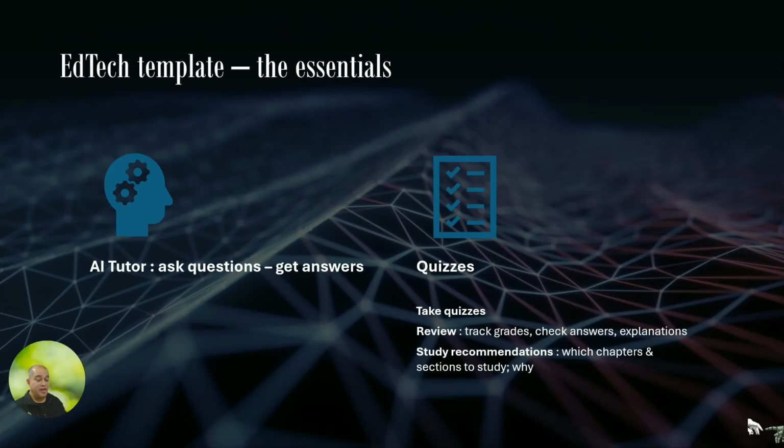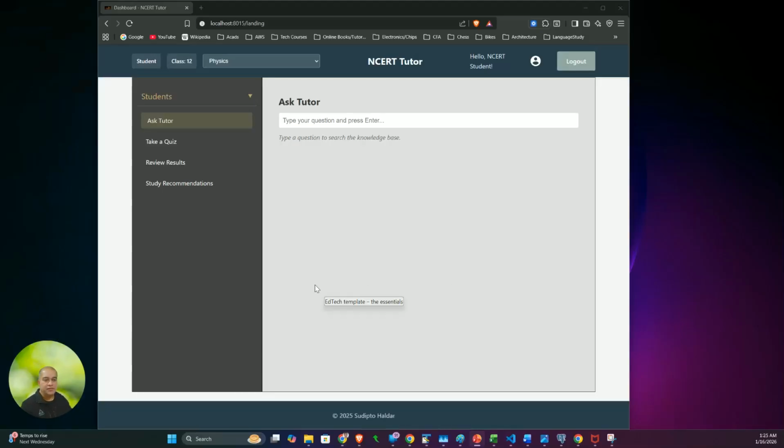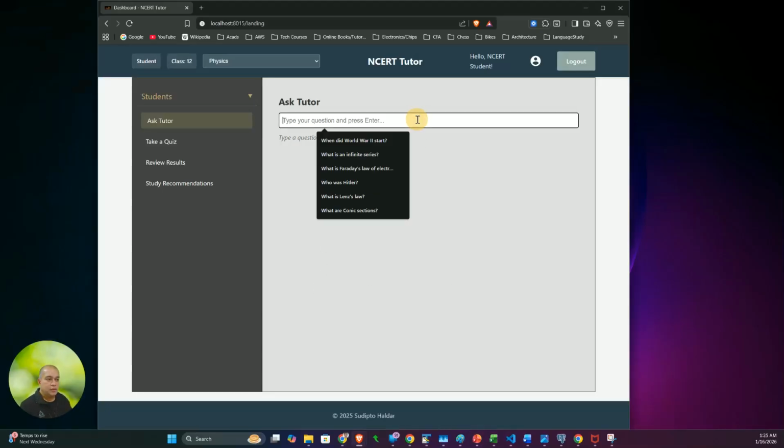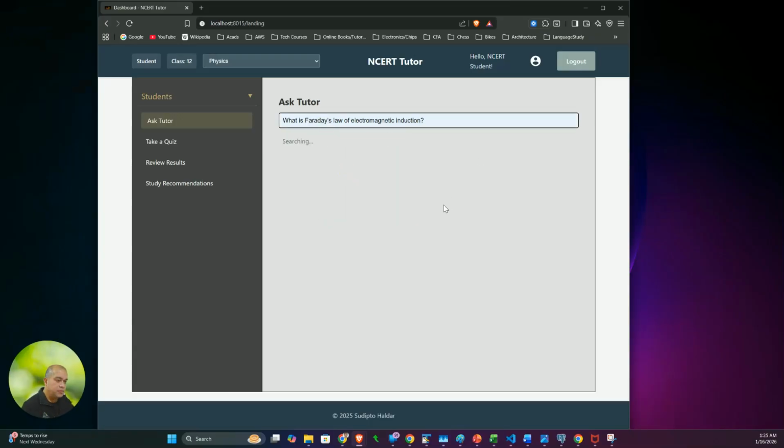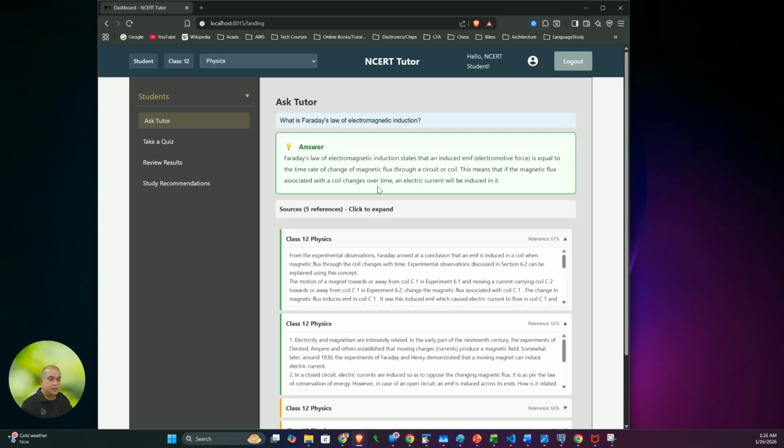We would see these components in action before jumping into the technology stuff. The component that you are looking at here is the AI tutor. The students would be asking questions from the curriculum, and the final answer comes from a small language model that's running locally.